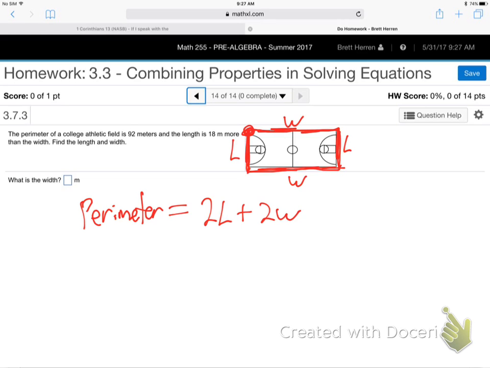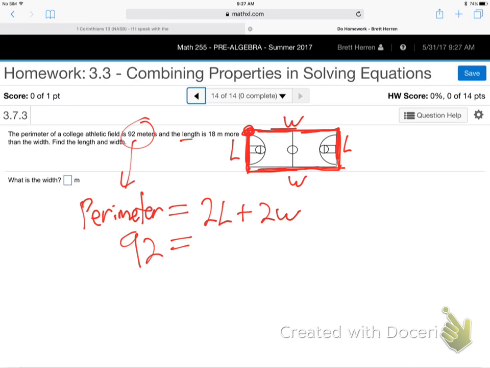All right, let's plug stuff in. So the perimeter is 92, right? So that goes right there. That is the perimeter. So far, so good. Just plug the 92 in for the perimeter. Now, what do I do from here? Yeah.